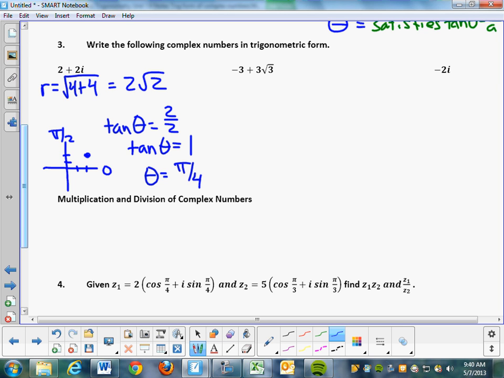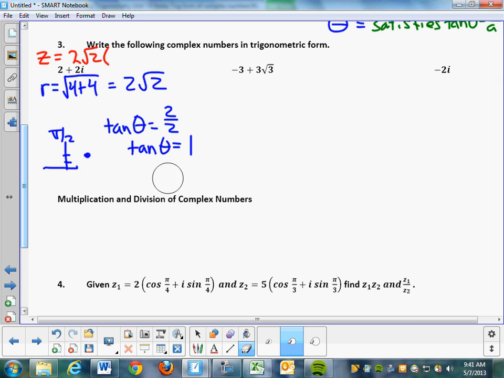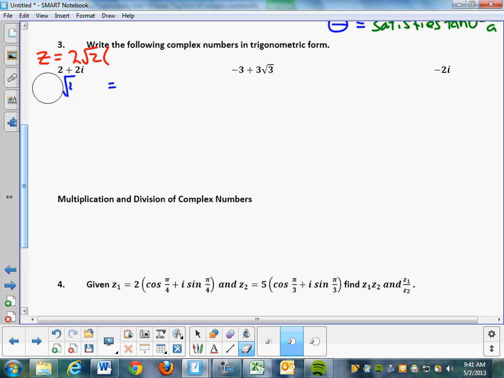Let us now write the trigonometric form of the number. So z is going to be equal to, I take r, 2 square roots of 2, times cosine of... Okay, I'm sorry. You guys are getting a little confused, so let me slow down.